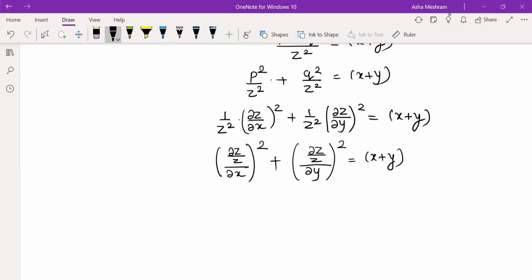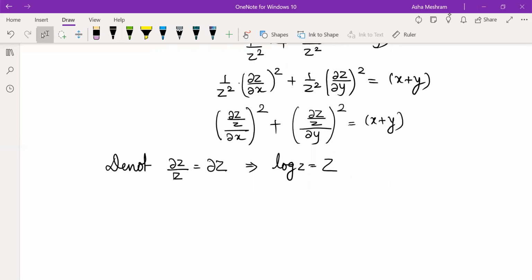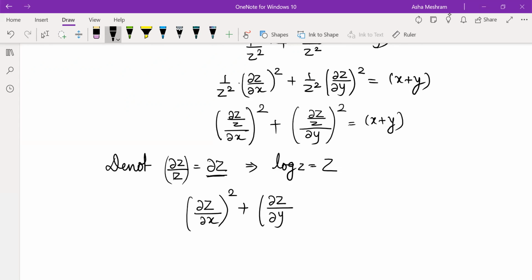Now denote dou z by small z is equal to capital dou Z. And here we get log of small z is equal to capital Z. So instead of dou z by z we take dou capital Z. So this is dou capital Z upon dou x whole square plus dou capital Z upon dou y whole square is equal to x plus y.